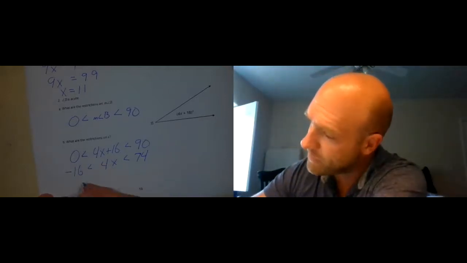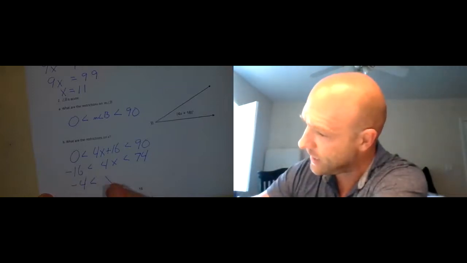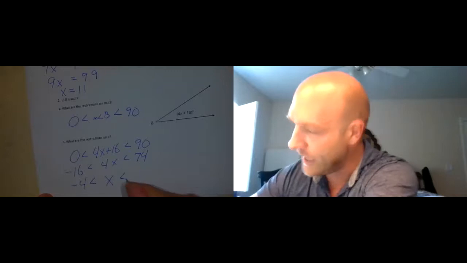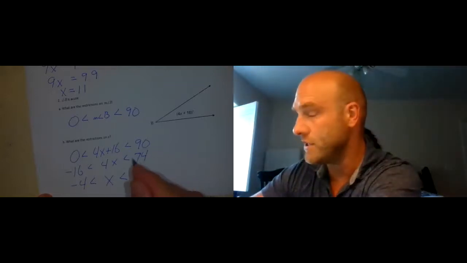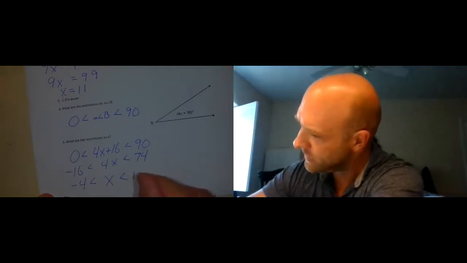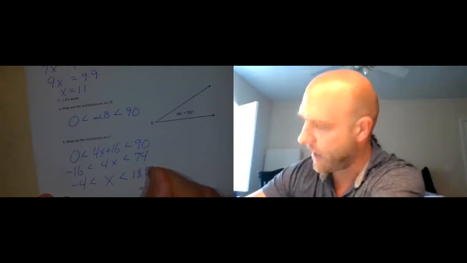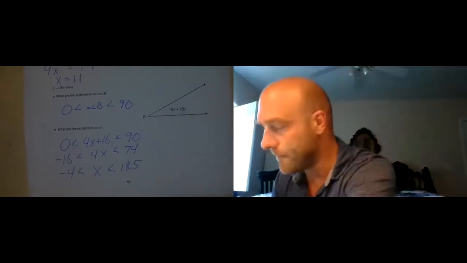Okay, and then dividing by 4, I get that negative 4 is less than x is less than, and let's see, 80 would be 20, so 76 would be 19, and this seems to be 18 and a half, if you're okay with the wacky way in which I do that.